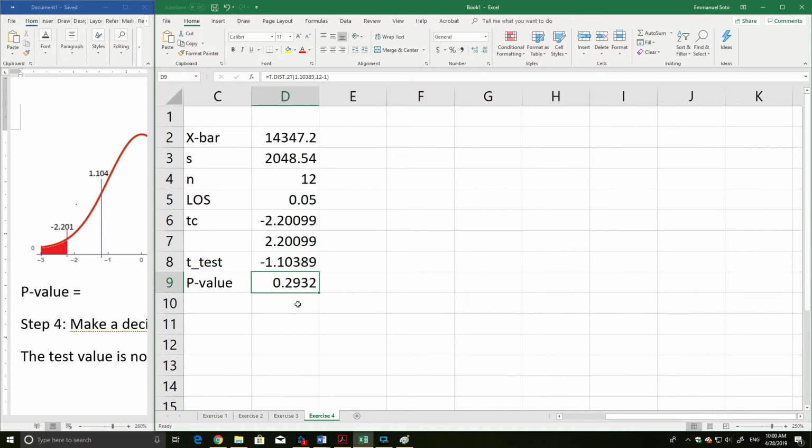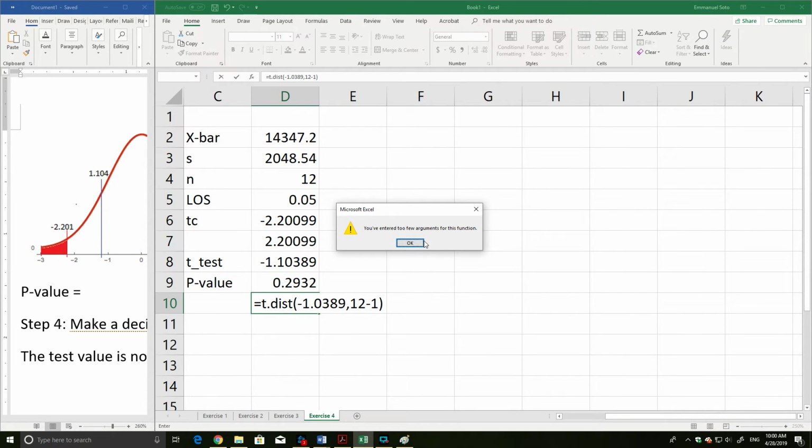If you don't like using the two-tailed version, you can just use the one-tailed version as well. And then just remember to make sure that the t-test is negative, which it is here, so you're fine. And then you can do your degree of freedom.